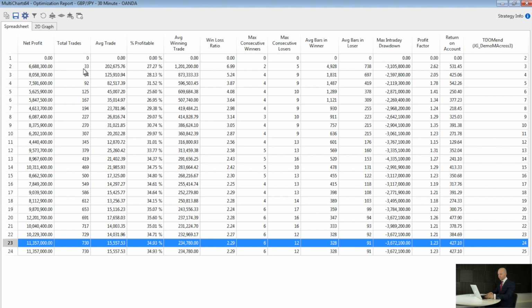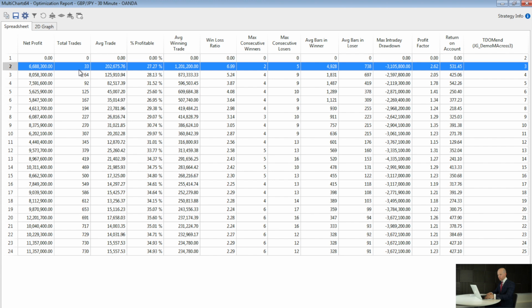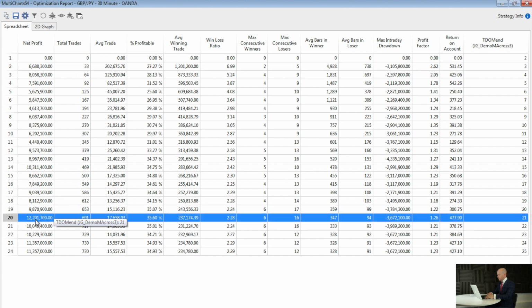Now, again, being mindful of not filtering out too many trades, looking at these total trade values, I find that the best result is trading day 21, because we've got the best net profit and we've got a very good 17.6 thousand yen average trade. So that means really that we're only realistically filtering out from day 22, 23, 24 some months and trading day 1. So we're not filtering out too much, which is good.